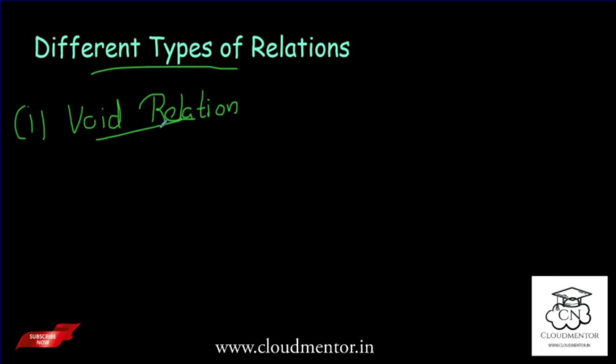Let A be a set and the null set phi be a proper subset of A cross A. It follows that phi is a relation on A, which is called the empty or void relation.